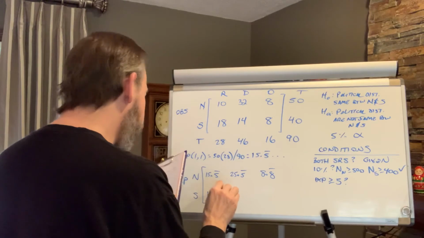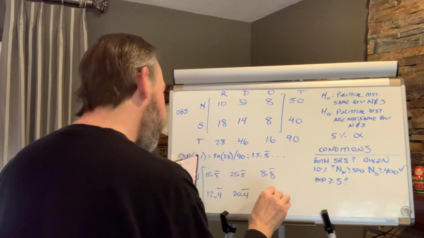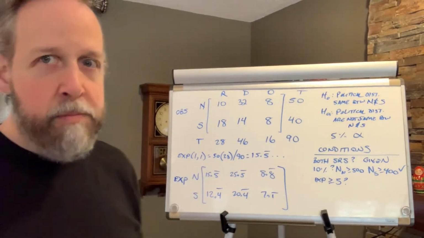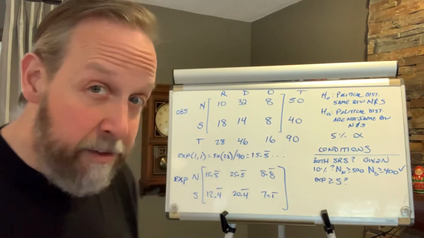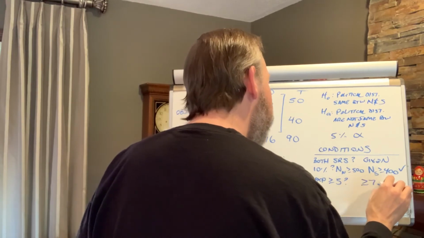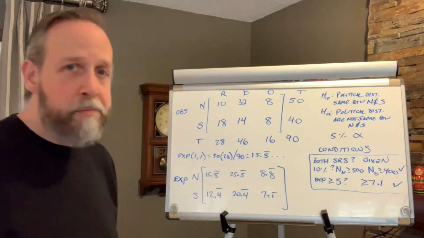The south is 12.4 repeating, 20.4 repeating, and 7.1 repeating. Okay. Fortunately, all of those expected values are at least 5. In fact, they're at least 7.1, so our conditions check out.